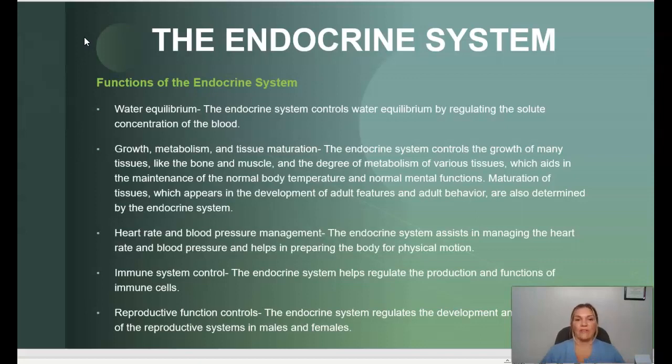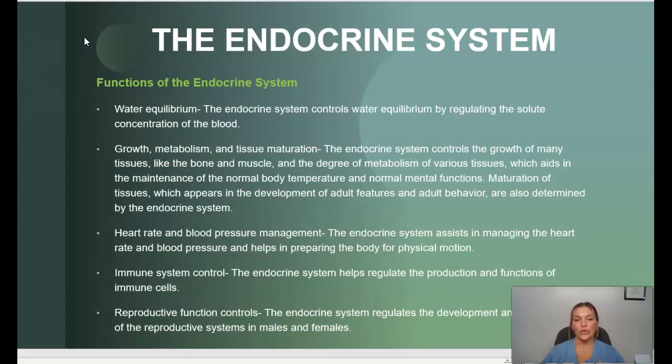We also have heart rate and blood pressure management. The endocrine system is very important here in assisting and managing heart rate and blood pressure, and helps in preparing the body for physical motion. The endocrine system also is helpful and responsible for the immune system control, by helping to regulate the production and functions of immune cells.